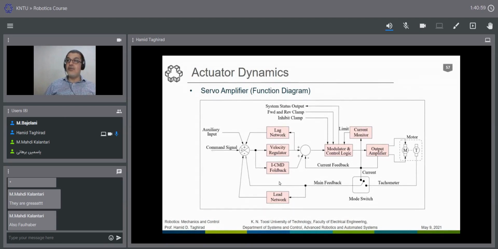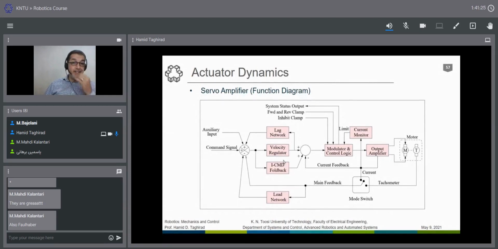And we usually have a lead-lag or a PID controller tuned here to make sure that the system is working quite well. Of course, we can also have a lead-lag network here; different kinds of velocity controllers can be used in here.